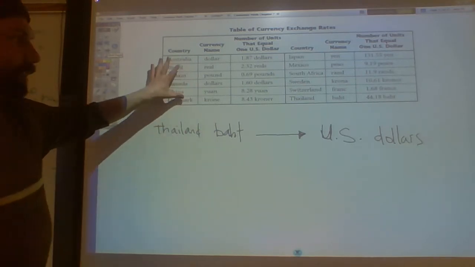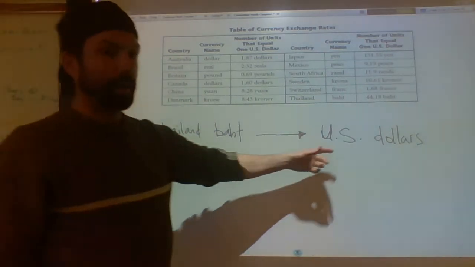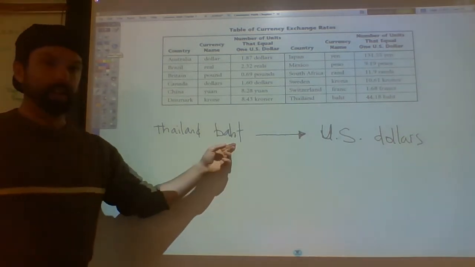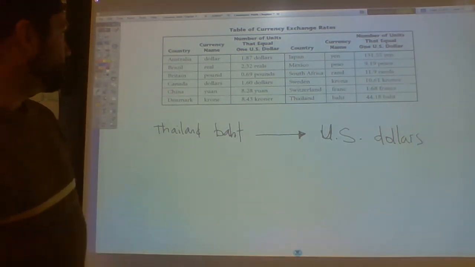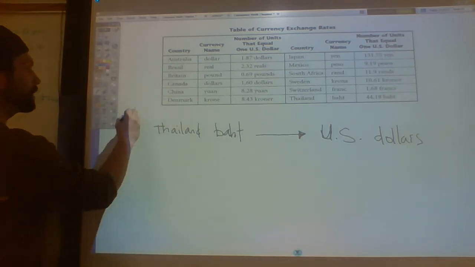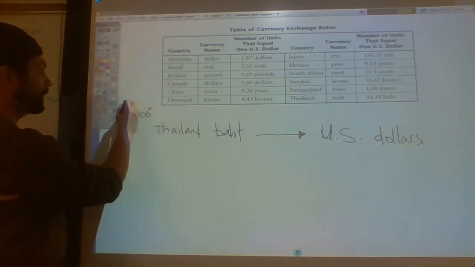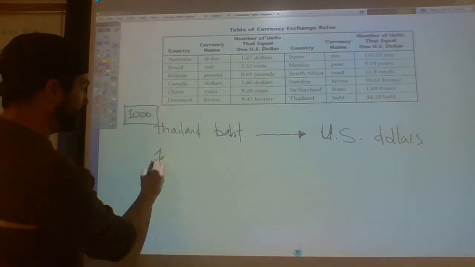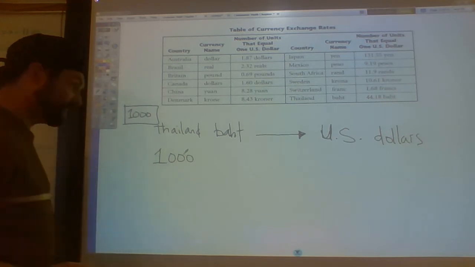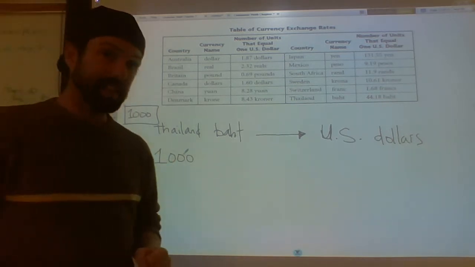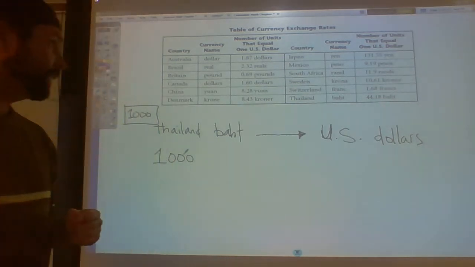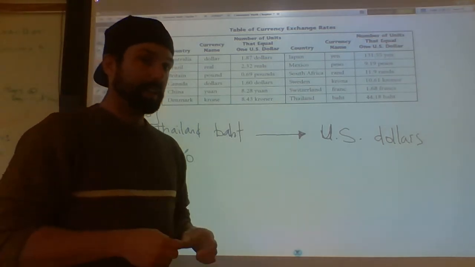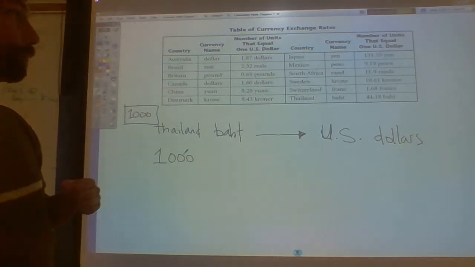So same exchange table, except we're going backwards. This time we're going to start with some currency from Thailand, the baht. And we are going to start out with 1,000 baht in this case. So after a holiday in Thailand, I have 1,000 baht in my pocket, and I'm coming back to the United States, but I'd much rather have American dollars when I get home.